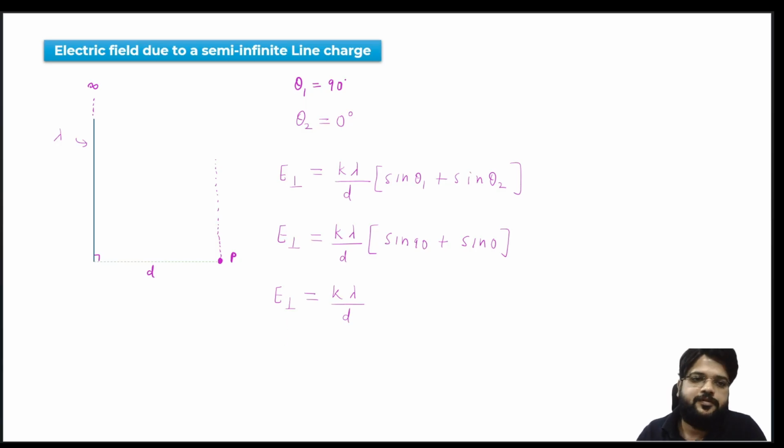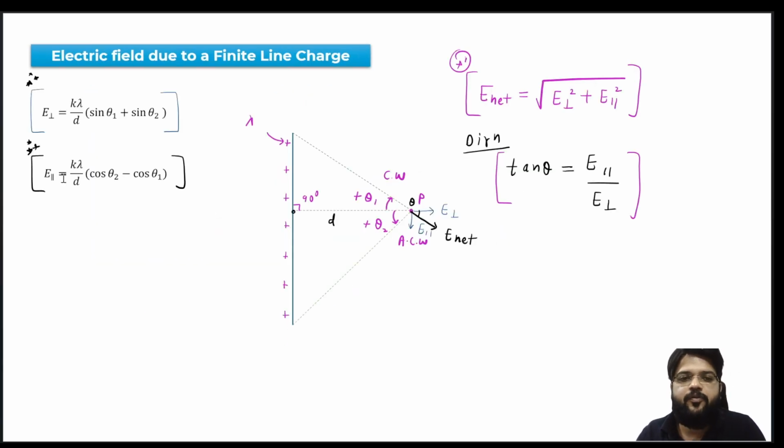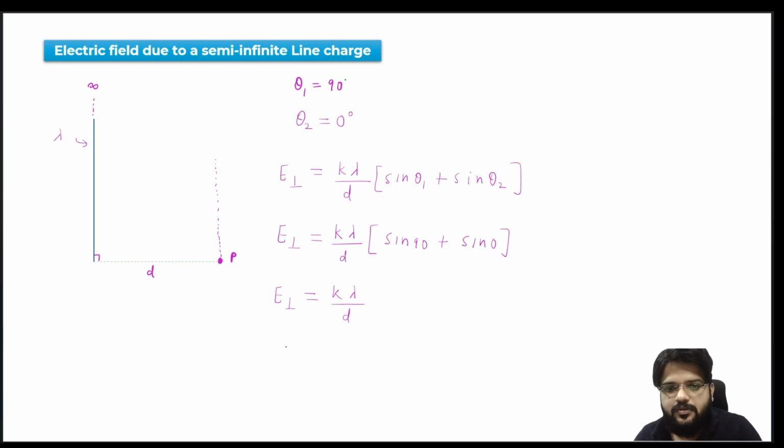Now the next thing is what? E parallel, everyone. The formula for E parallel is K lambda by d times cos theta 2 minus cos theta 1. So now we are finding E parallel: K lambda by d cos theta 2, and what is the value of theta 2, everyone?